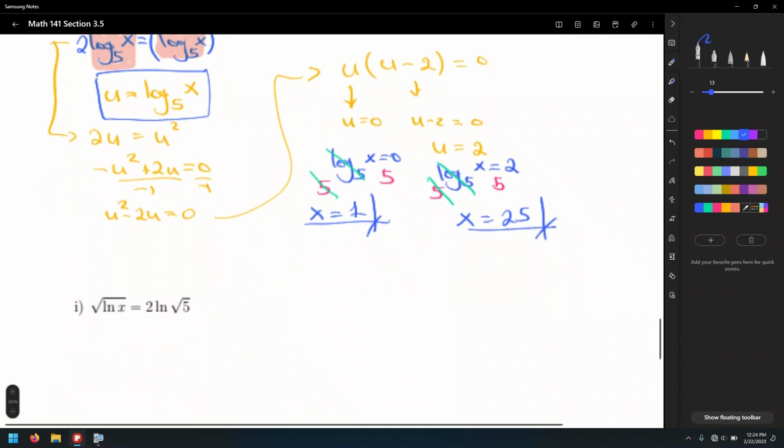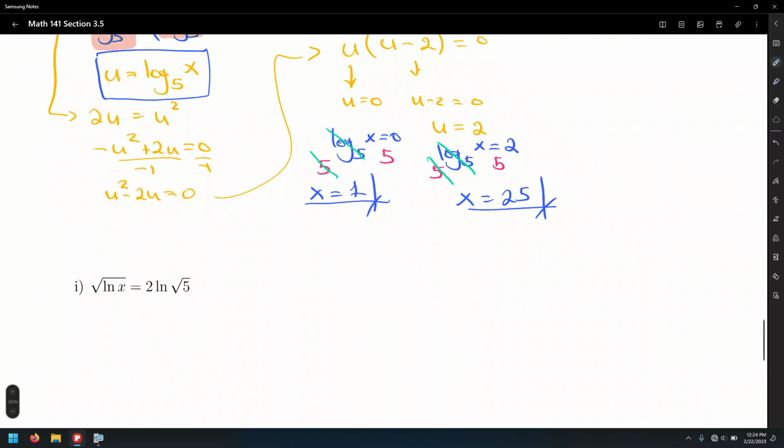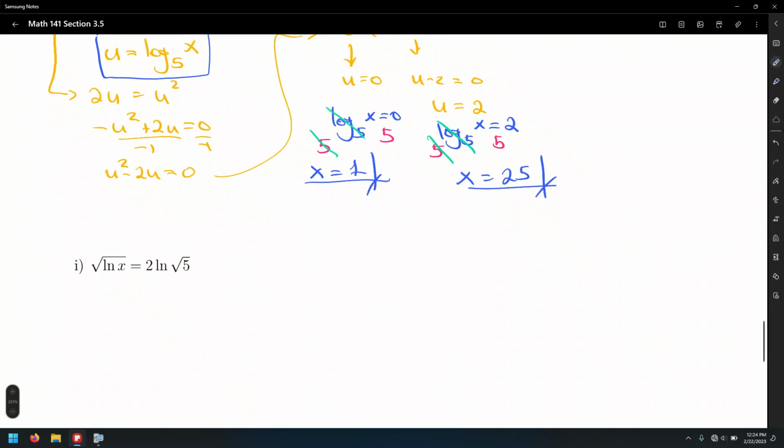Even though it contains radicals and logs all over the place, it's more bark than bite, you'll see, because in this case we may not even need a u substitution at all, because we only have one single natural log term. I know there's a second natural log term here, but this one is a number.